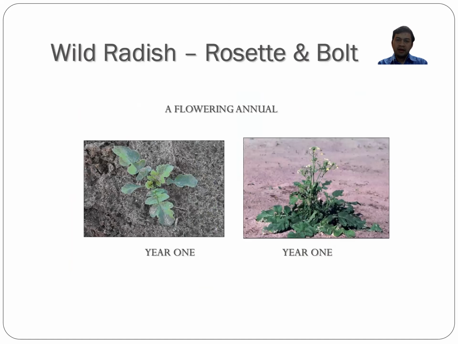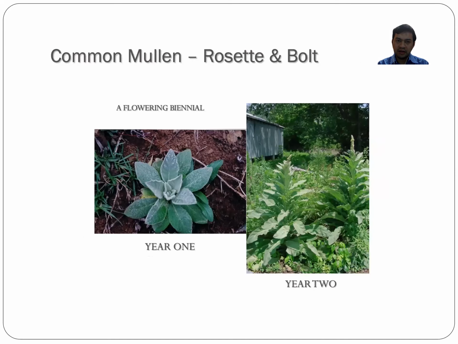This is the example of wild radish, and also the rosette and bolt. This is the first year, and then the flowering in annuals. This is another example. So you can see the difference between the first year and also the second year.